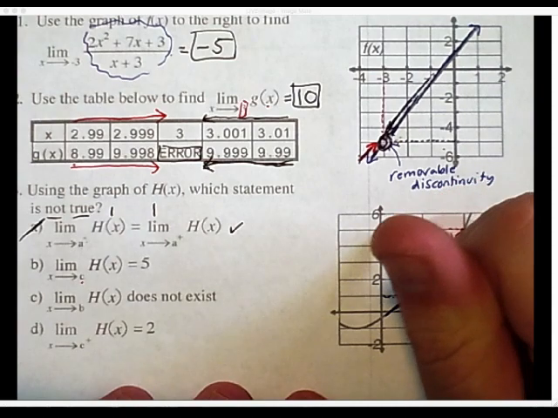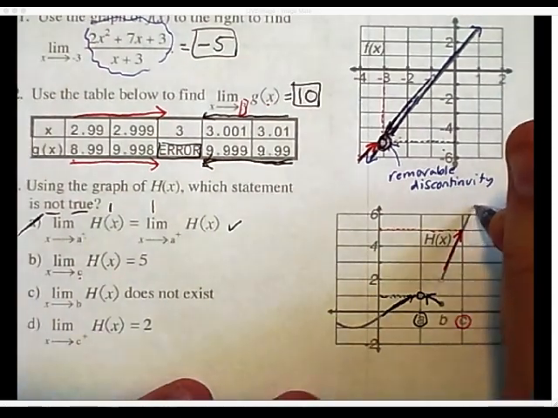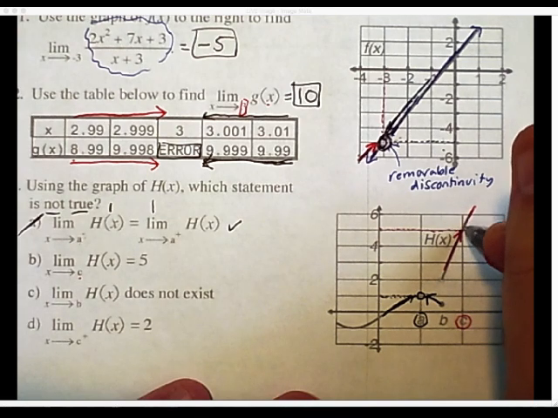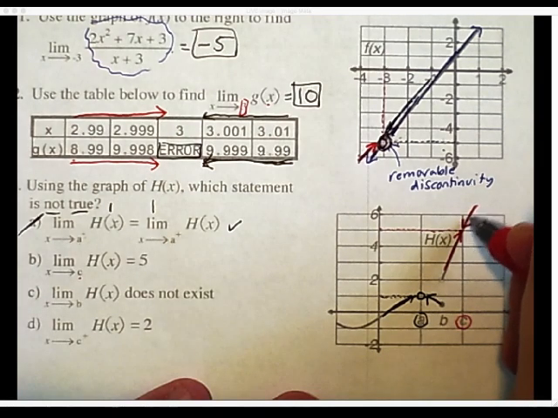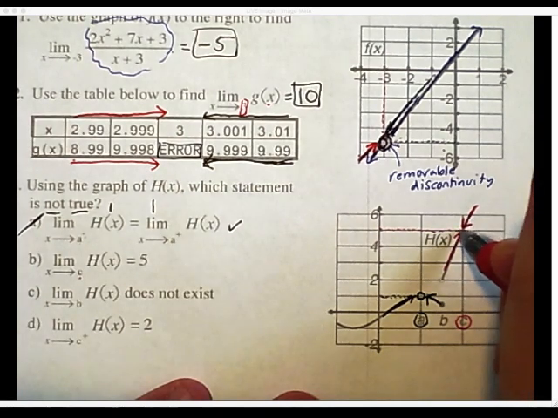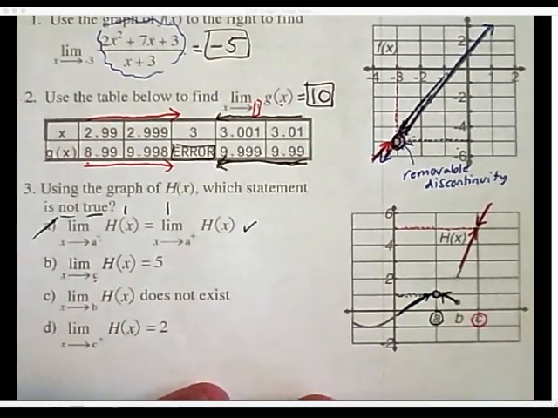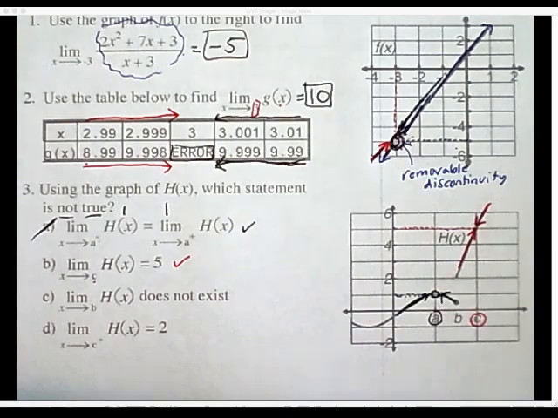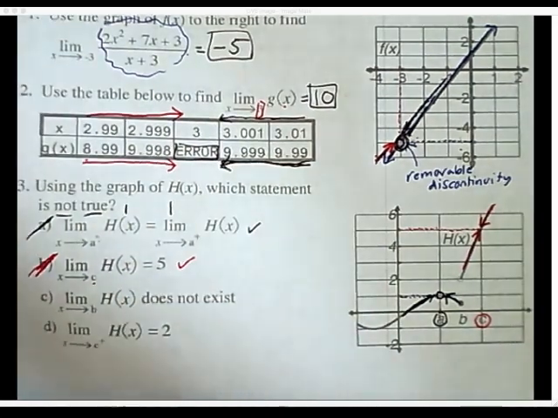So to me it looks like the left limit is 5. But for the limit to exist, it has to be the same on both sides. What about as I approach c from the other side? As I'm coming in from the right, does that also approach a y value of 5? Yes, it does. So that works as well. So it's not that answer.